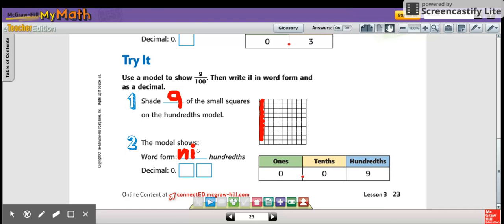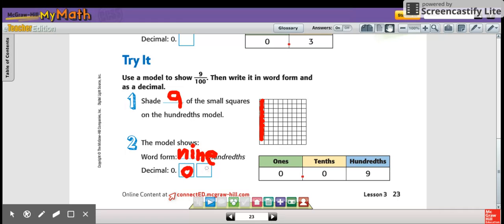9 hundredths. Once again, writing with a mouse, not the most easy thing in the world. Now, we don't have any tenths here because see how it's not a full tenth filled in. So it's 0 in the tenths place.